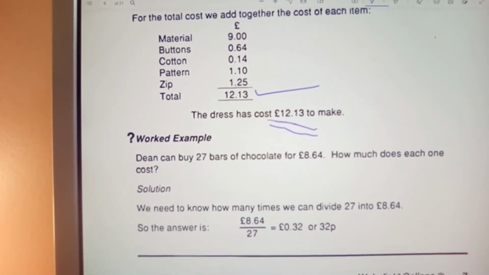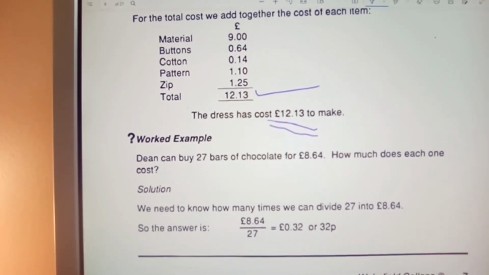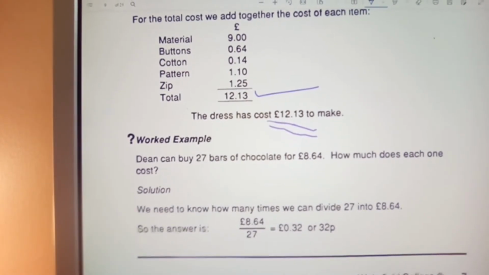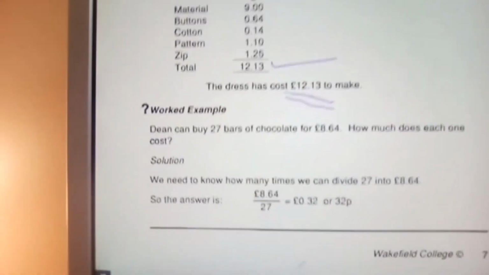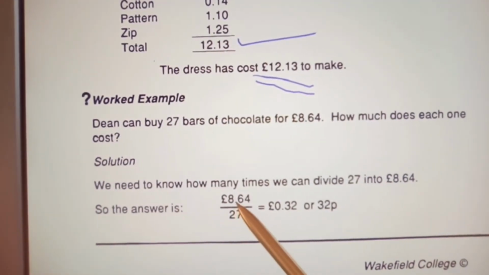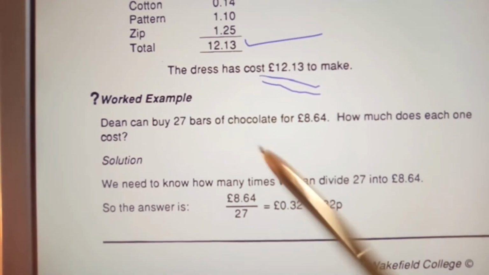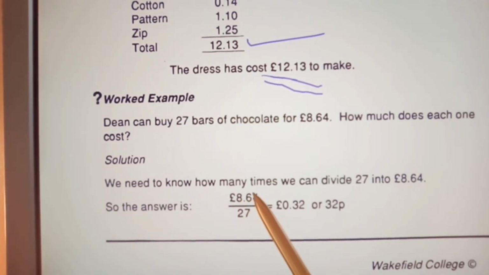Solution: we need to know how many times we can divide 27 into 8.64. So the answer is, and you can see what's happened here. He has brought this down here, 8.64 divided by 27, but we won't actually do that. We'll keep that in mind and bring that to 864, convert it to pence.